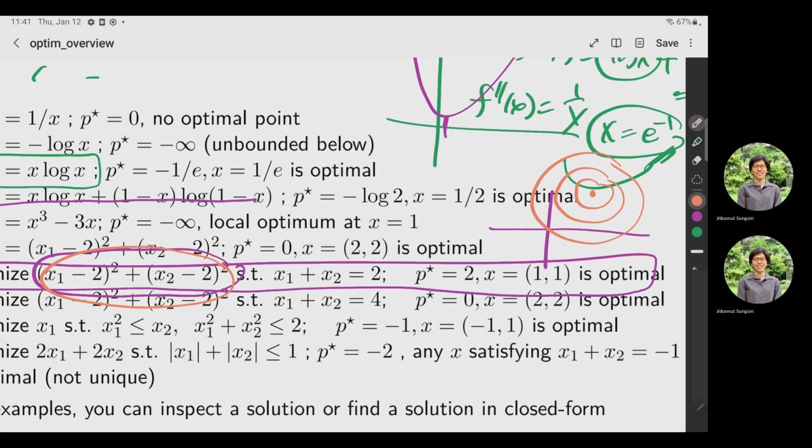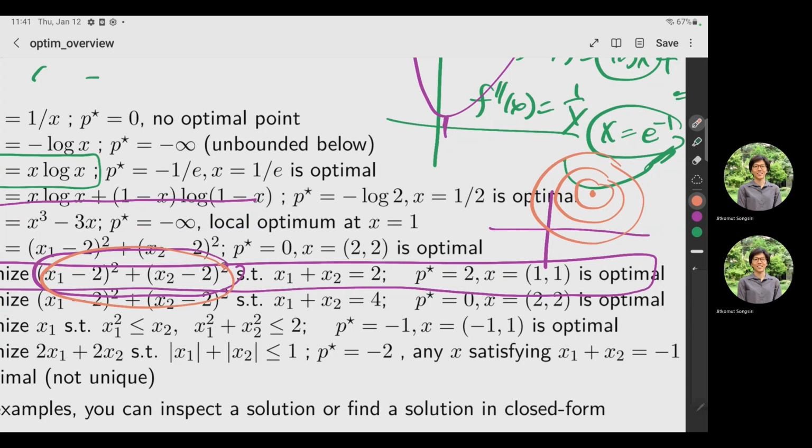This is the level set corresponding to this objective. It's a circle in R2, center at (2, 2). Suppose it's here. But you don't know the radius yet, because the radius is something you want to minimize.